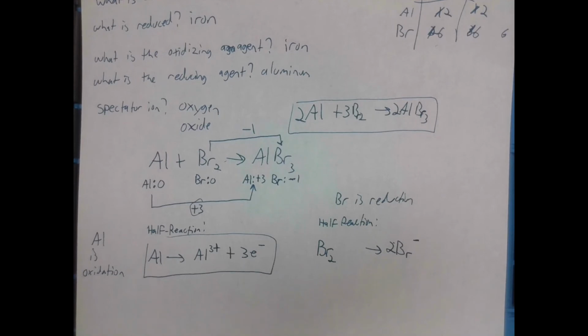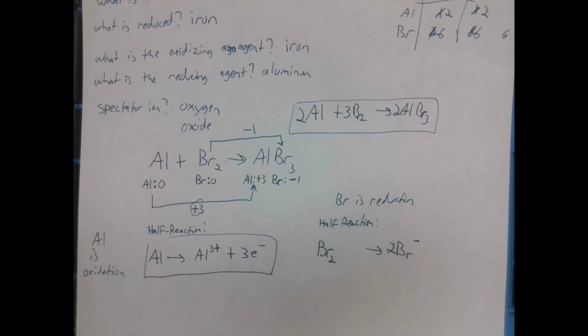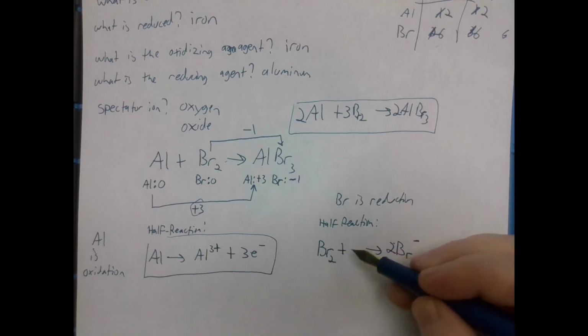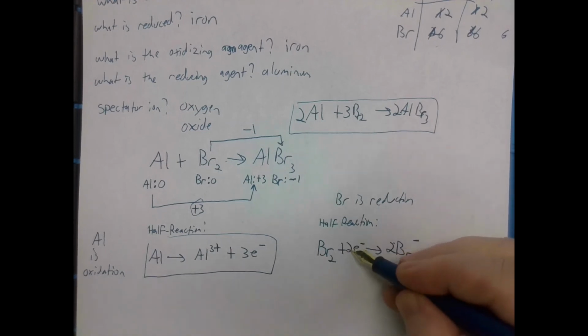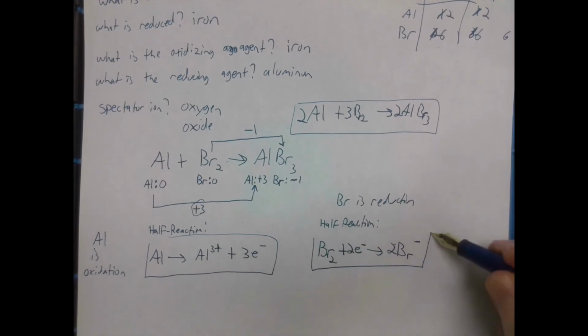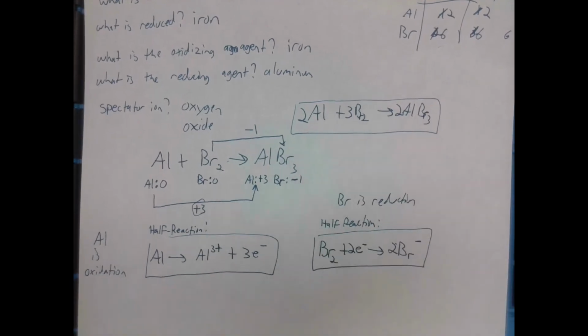So how does it go from no charge to a negative charge? I'm going to add an electron to it. But I have 2 bromines, so how many electrons do I need? 2. So this is the half reaction for the reduction. So bromine is gaining 2 electrons to become Br negative.